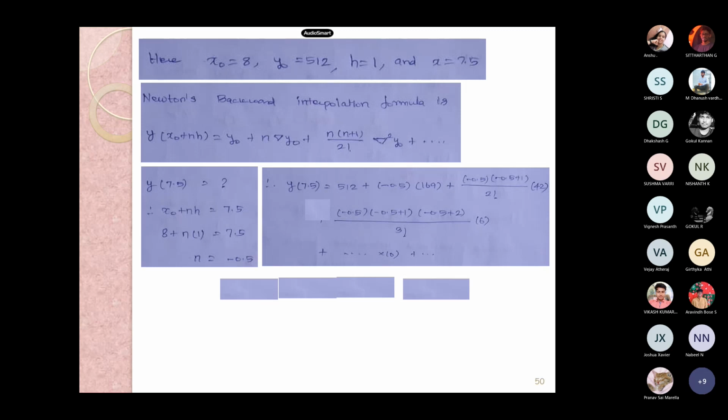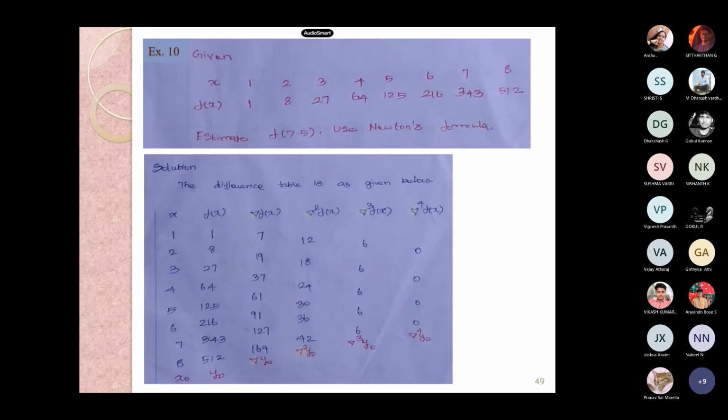Please try to calculate these unknowns. 512 plus n into, n is minus 0.5. Our y naught value has to be taken from the bottom, not from the top, since it is backward interpolation.